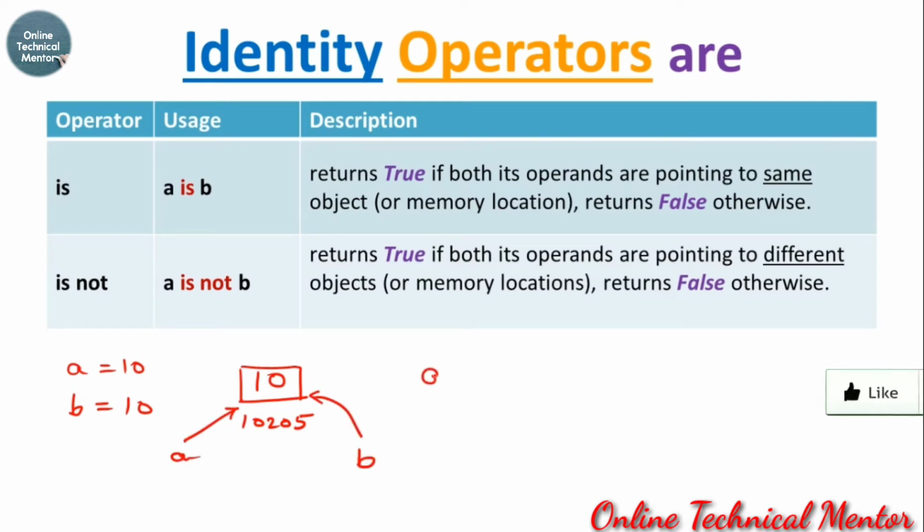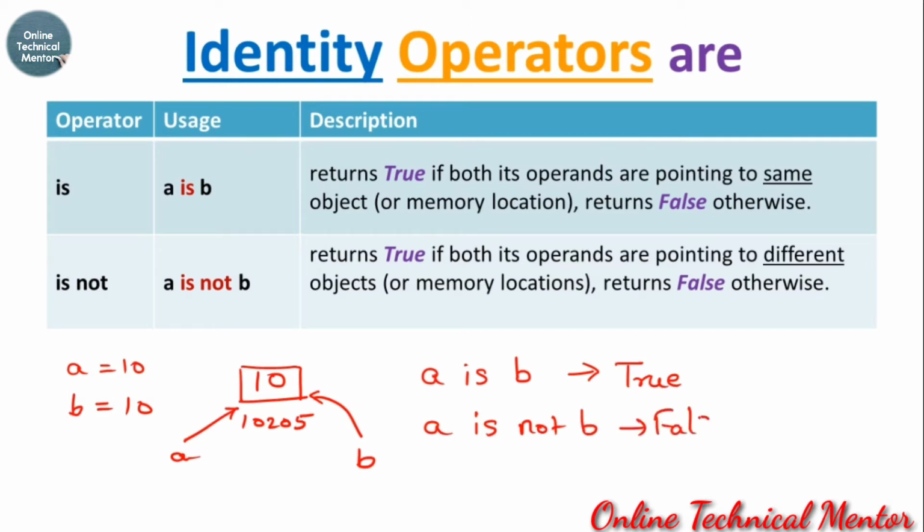And when you write A is B, that means A and B both are pointing to the same memory location, and it will give you true as an output. And if you write A is not B, it will give you false.